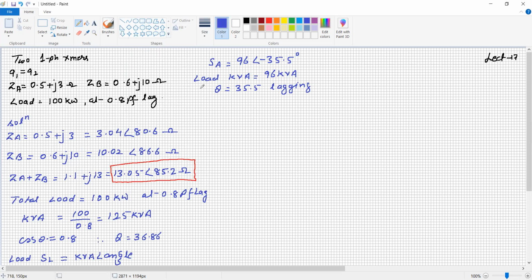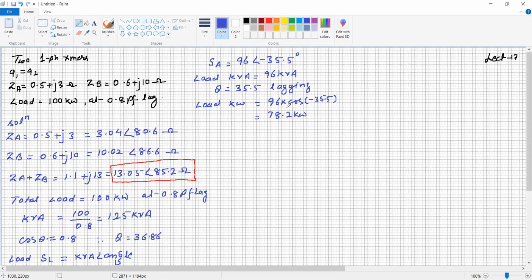So the load is in the lagging condition, or the load shared in kilowatt is equal to 96 into cos of minus 35.5, which equals 78.2 kilowatt.